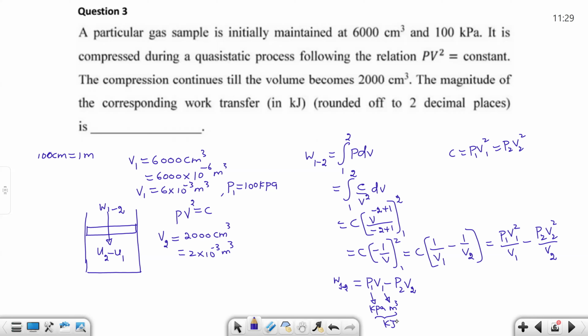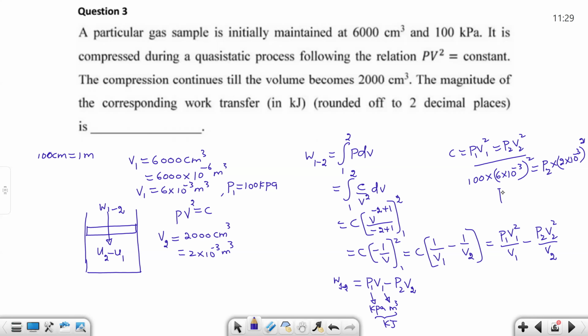P1 is 100 kPa, V1 is 6 into 10 power minus 3 squared, P2 is what we want, V2 is 2 into 10 power minus 3 the whole squared.